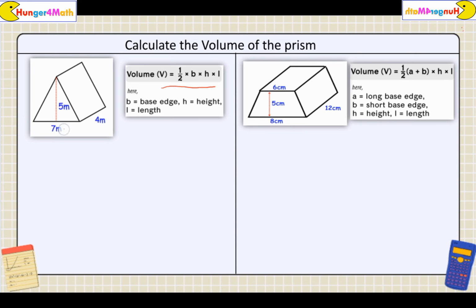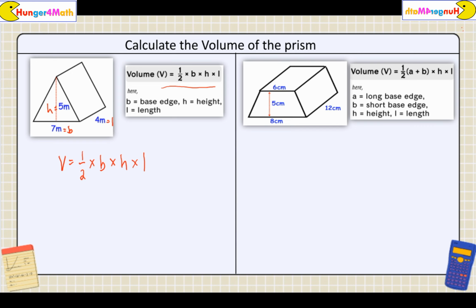So the 7 here will be the base of your triangle, and the 5 is the perpendicular height, and the 4 will be the length. Then let's copy the formula. Volume is equal to 1/2 times base times height times the length.